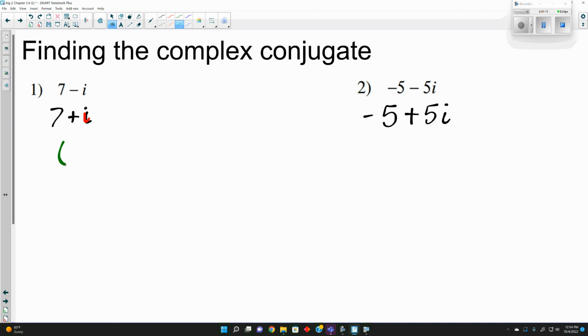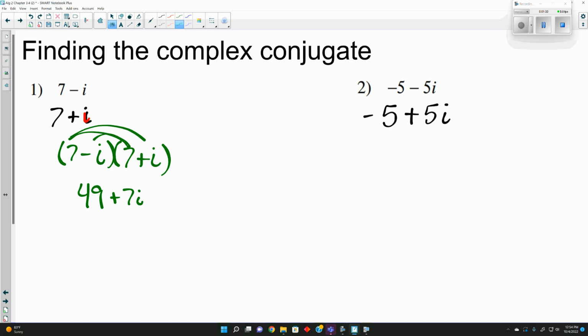Now there is something interesting that does happen if we multiply these two together. So we can use the distributive property. 7 times 7 is 49. 7 times i is going to be plus 7i.